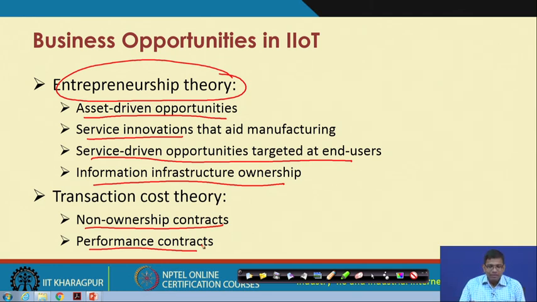So, these are the different negative aspects that will also have to be considered, and these come under the transaction cost theory. So, we have the enterprise theory and then we have the transaction cost theory.